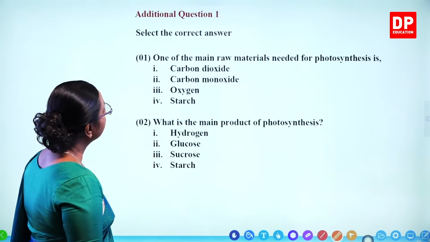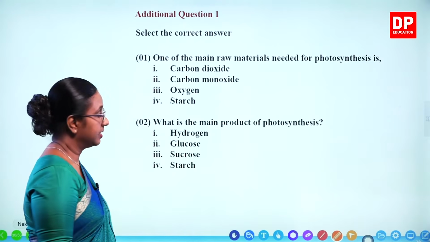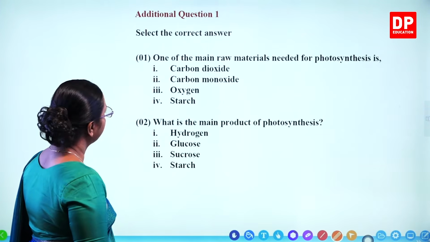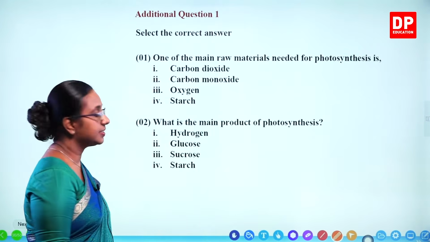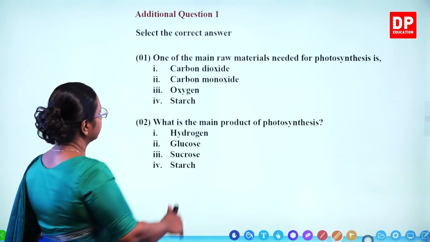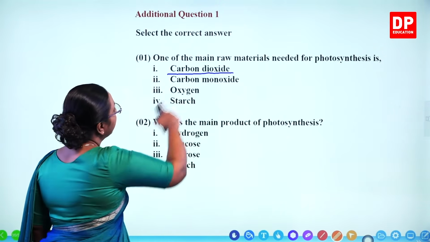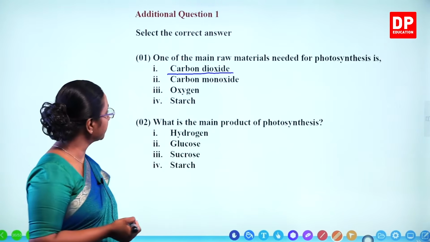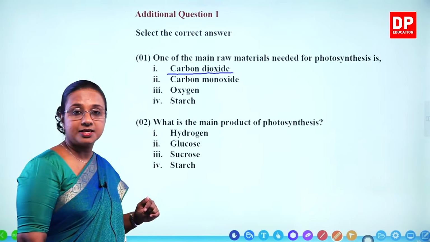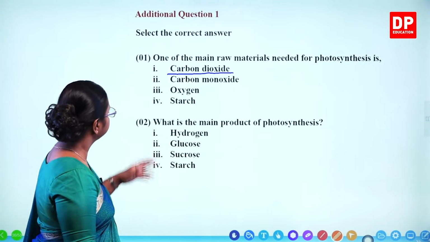One of the main raw materials needed for photosynthesis is: carbon dioxide, carbon monoxide, oxygen or starch. You know what the raw material is. It is carbon dioxide. We don't get or use carbon monoxide. Oxygen is the byproduct and starch is the temporary storage after photosynthesis.